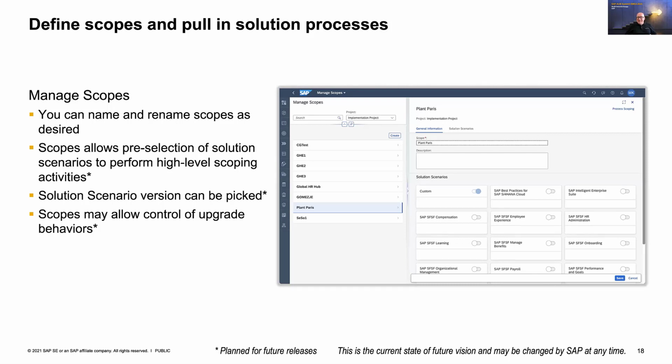And here you can easily say from a high-level scoping perspective, so here for my plant Paris, I want to pull in processes that come from my custom authoring, so for my custom solution processes area, or I want to add, for instance, SuccessFactors content that is about compensation, or that is about managed benefits, or that is about onboarding new employees. So I can really define here on a high level what are the functional process areas I want to add to my implementation scope.